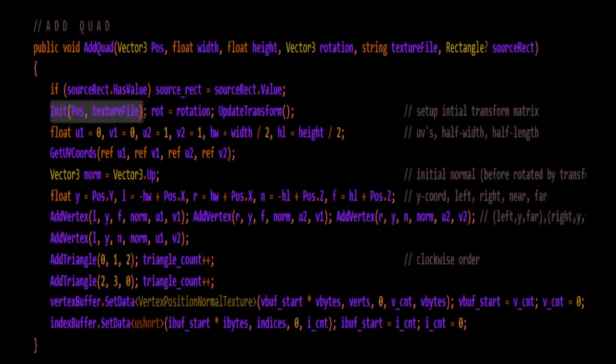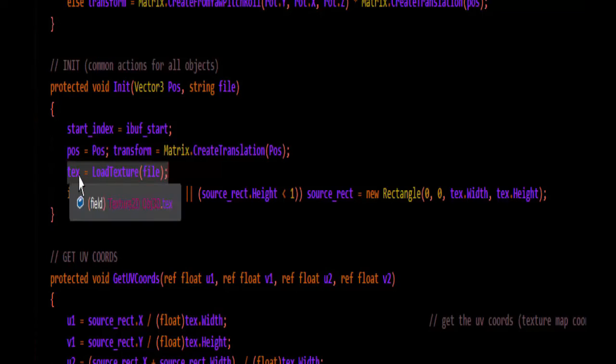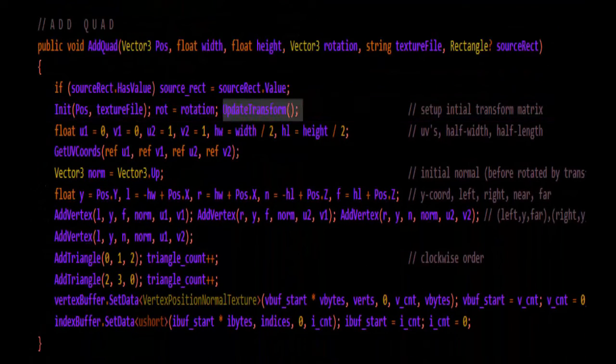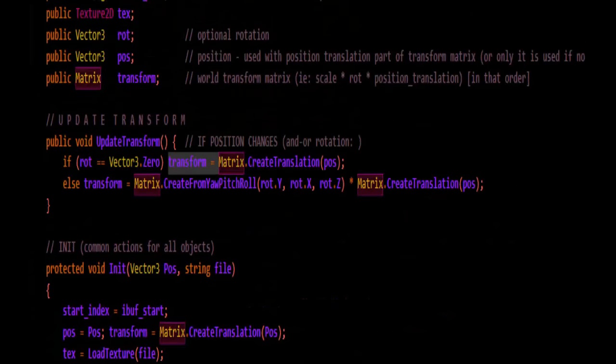So then we call init with the position and the texture file, which goes up to here and records the position of the object and sets a transform matrix based on that position, and then loads the texture. If it already exists, then it just gets the reference to the texture that's already loaded. So we also set the rotation here, and then we have to call the update transform, which updates the transformation matrix taking into account the rotation, because rotation is not 0.